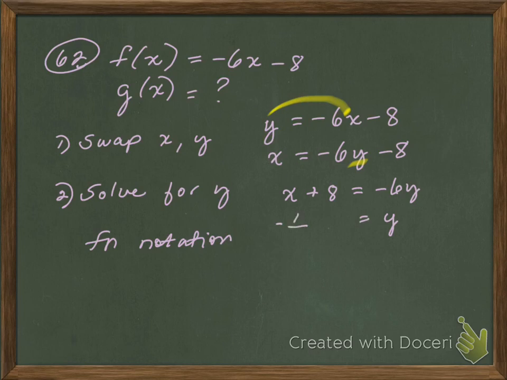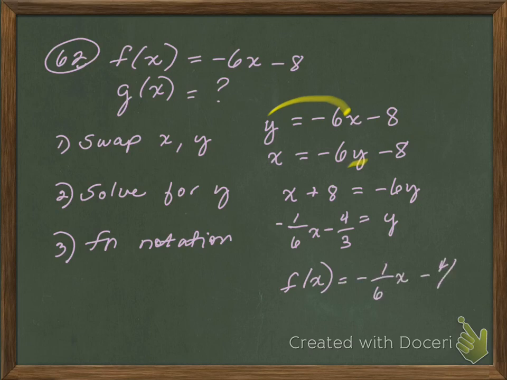So you have negative 1/6x minus, and then 8/6 is just 4/3. So that's step 2. Step 3 is just to replace y with function notation. So your final answer would be g of x equals negative 1/6x minus 4/3. And you're done. Okay, and that does it for section 4.1.